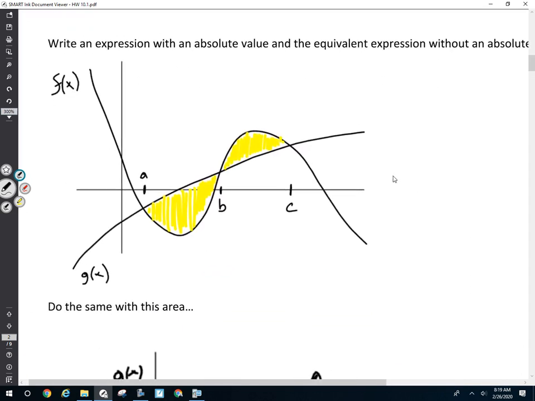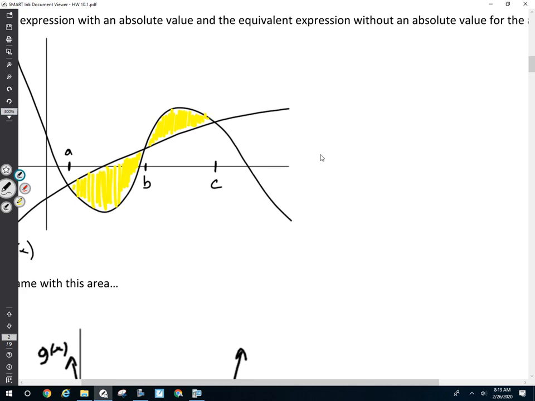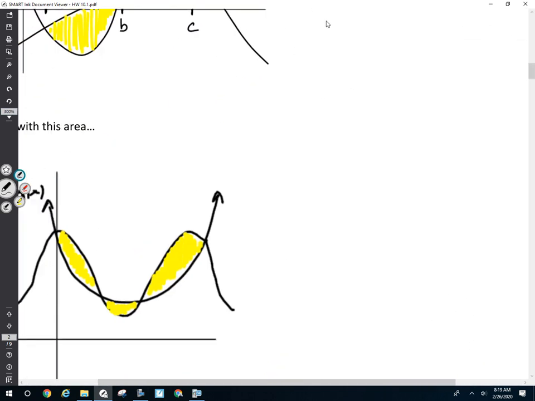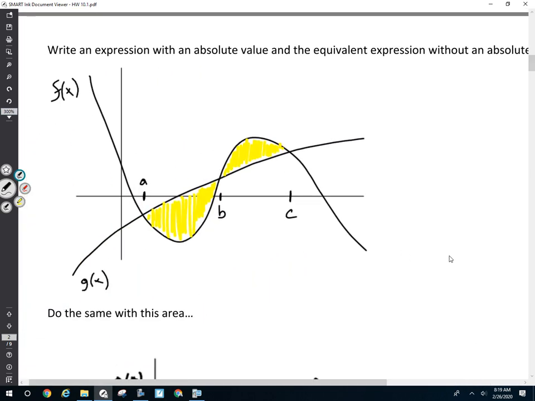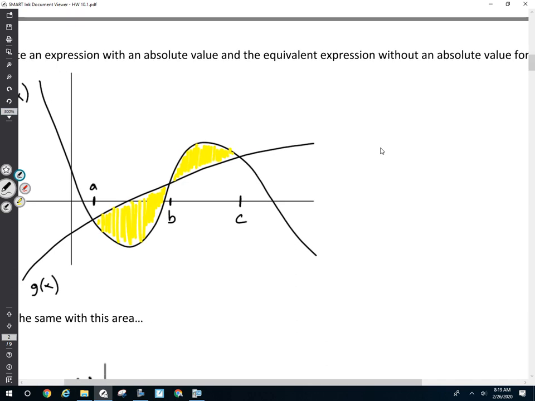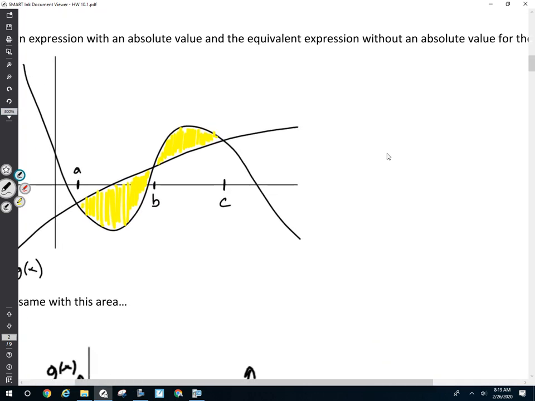All right, but now we talk about intersecting graphs. If you can intersect multiple times or just twice, and you're asked to write an expression with that, with an absolute value and without. Great thing about absolute values is that no matter what you plug into an absolute value, you're ending up with a positive value.